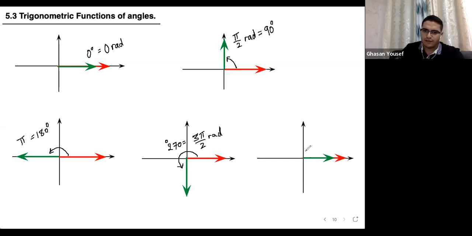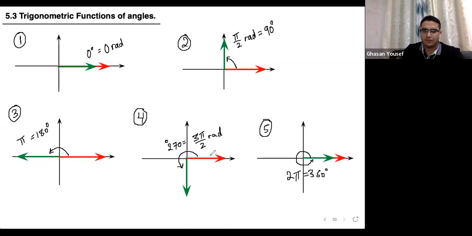And here the angle is 360 degree. 360 degree equals 2 pi in radian. This is number 1, number 2, number 3, 4, and 5. Any question? Clear? From 1 to 5?